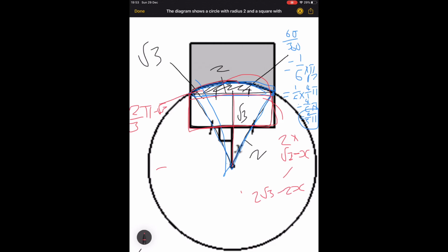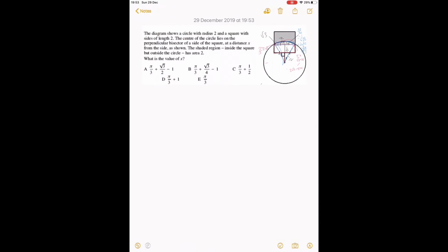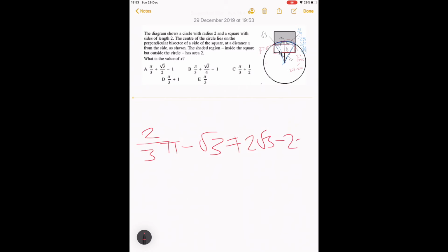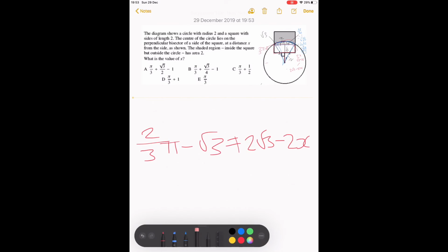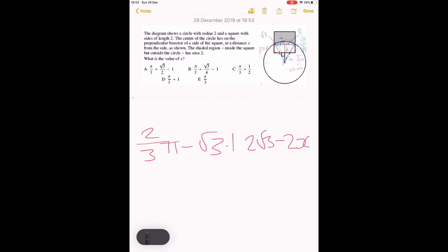So we can do our 2 over 3 pi minus root 3, which is the area of our segment, plus 2 root 3 minus 2x, and solve that to get x. So if we add our like terms together, you have 2 root 3 minus root 3, which is just root 3.